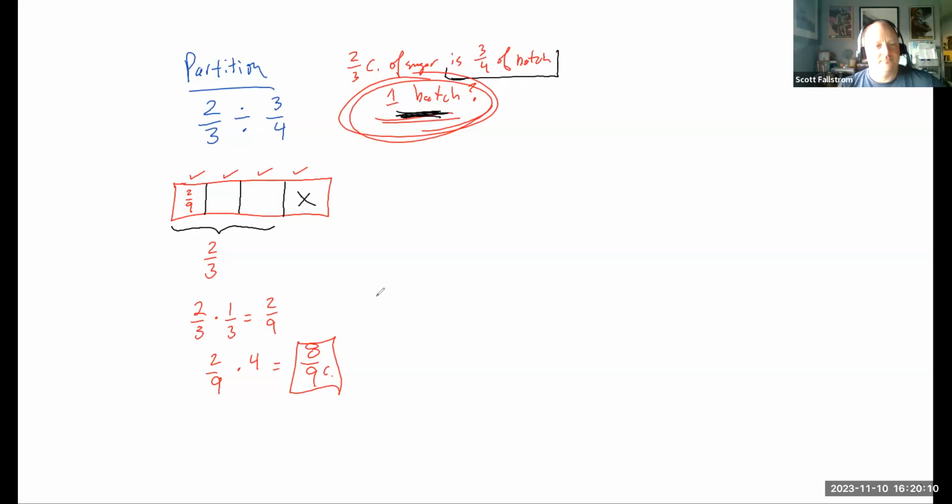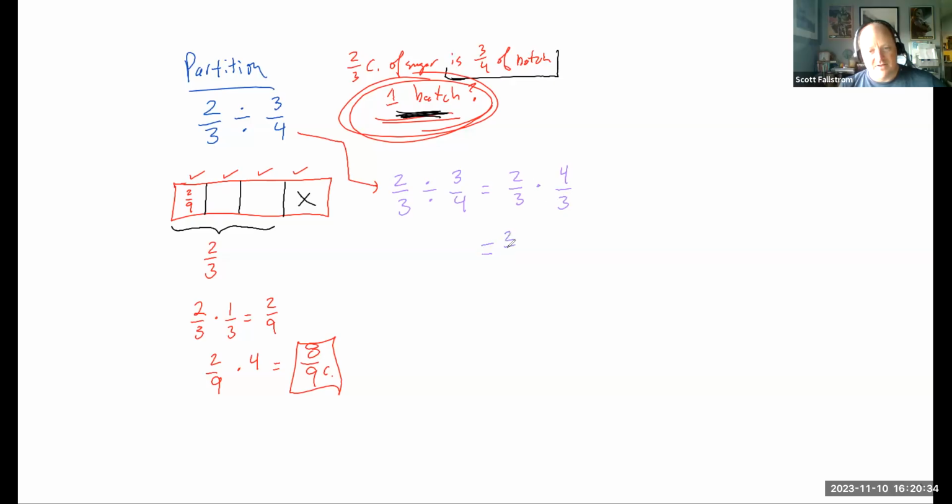Okay. Perfect. Now, if you want to say, well, how does that connect? Think about it here. If I was going to use the old tried and true invert and multiply, what I would do is rewrite this as 2/3 times 4 over 3. Now, no matter which way you go about doing it, you're going to have to do them in order one way or another.